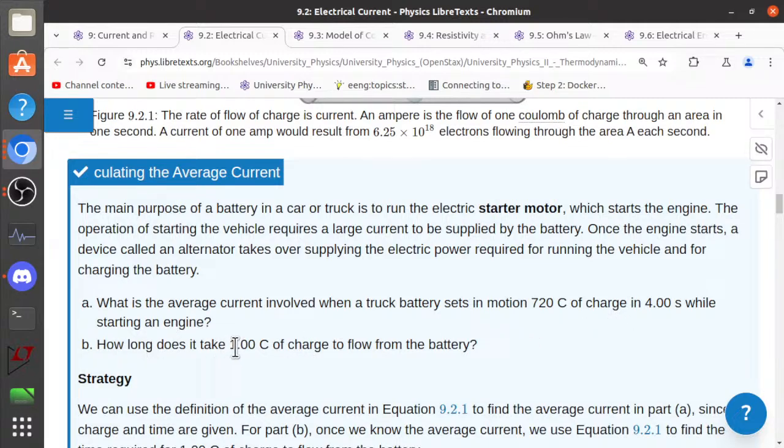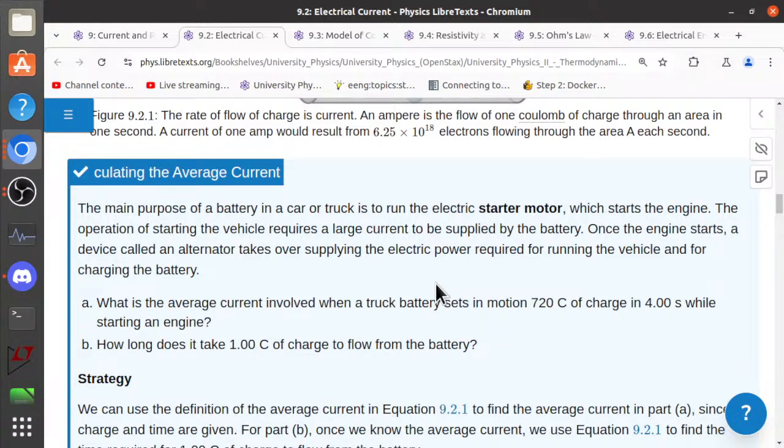So how long does it take 1 coulomb of charge to flow from the battery? Is this clear, the exercise? So there's a battery, you have a truck, and you have an electric motor, which turns at the beginning, which has to turn your combustion engine until it starts and runs on its own, right?